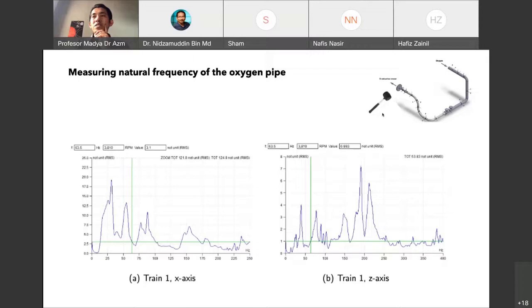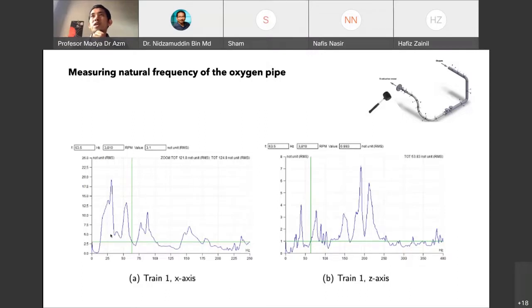We have a hammer, and we ask the client to turn off the operations for some time. When the operation is off, we come to the site and bump the pipe, get the response, and see whether the response has 63 hertz.